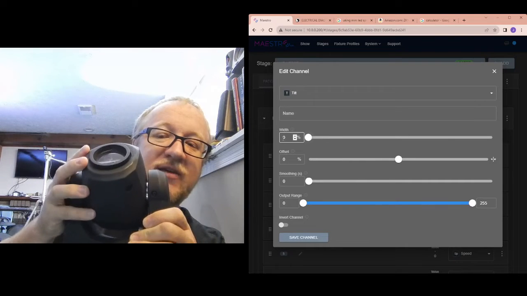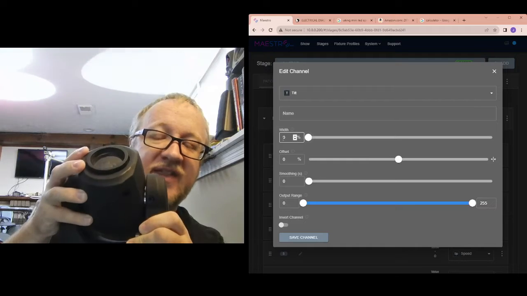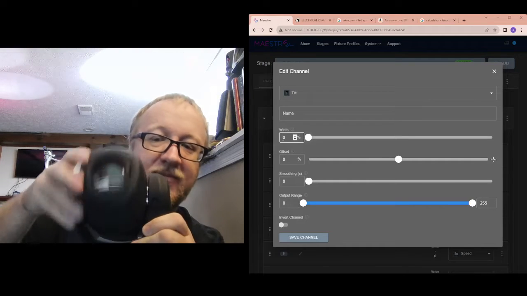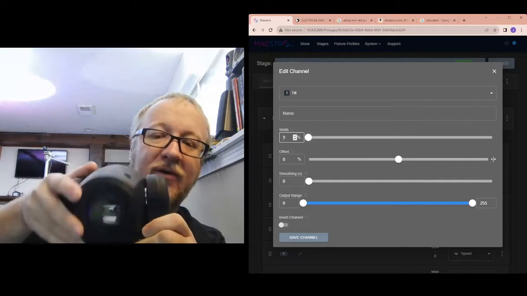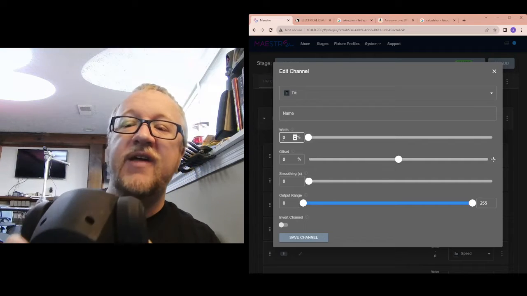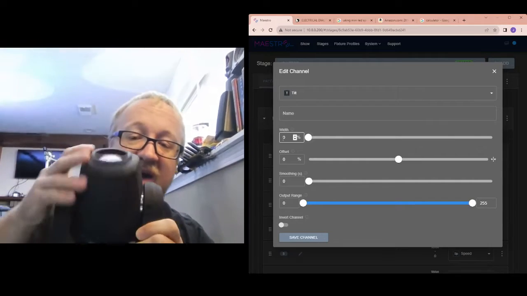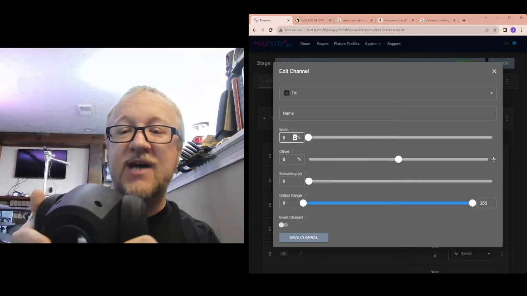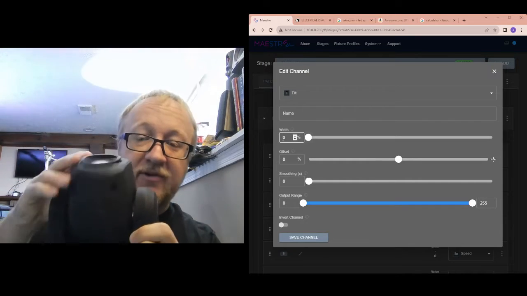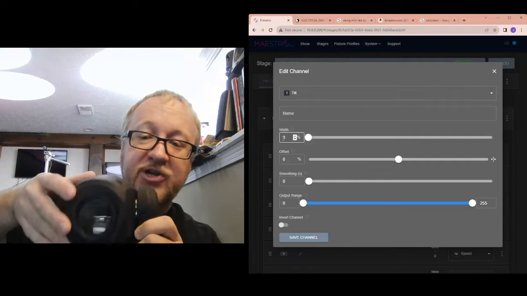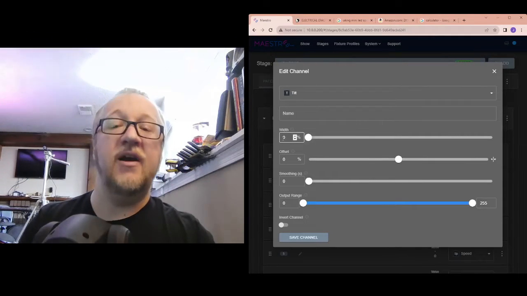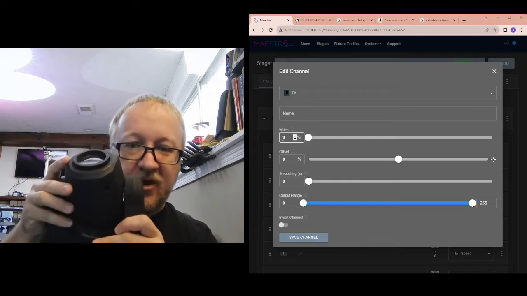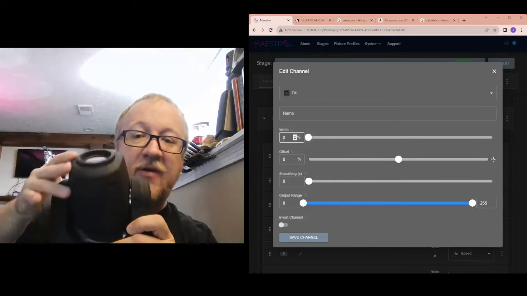So again, if you set that to 50 on an offset and you set that width to 100, it's gonna do the bang, bang. It's gonna do that full kind of sweep. But setting that width to 50%, it halves this 270 degree range down to 135. So now we're just doing a 135 degree motion. And then setting our offset determines where that center point between that 135 is.